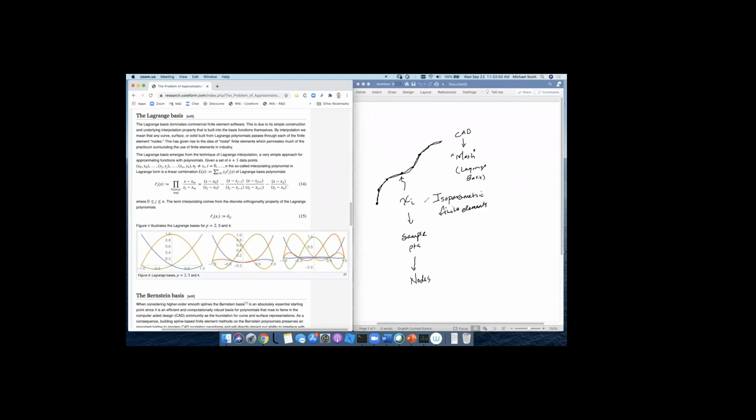Yeah, from a practical point of view, the nice thing about the traditional idea of a node in a finite element setting is that it basically gives you a discrete snapshot of the whole picture of the actual geometry, of either the solution or the CAD geometry itself that you're using for simulation.